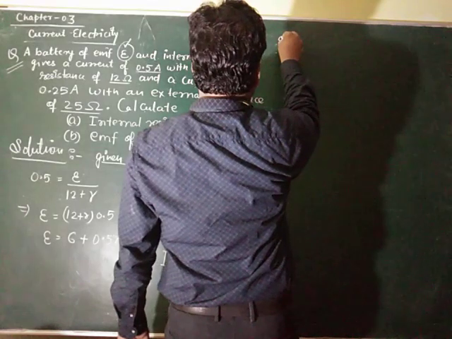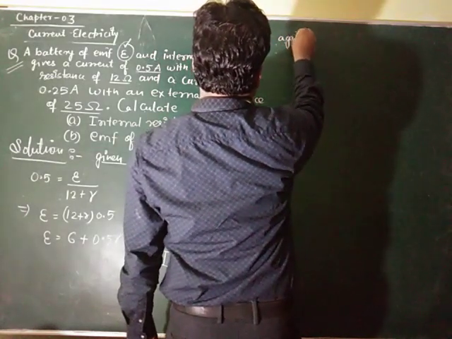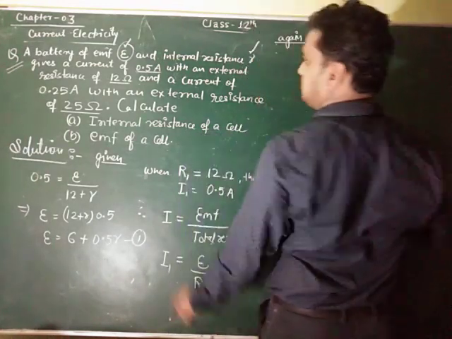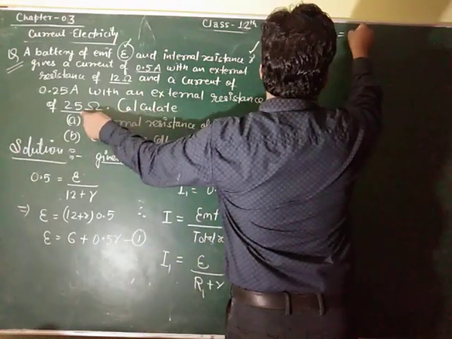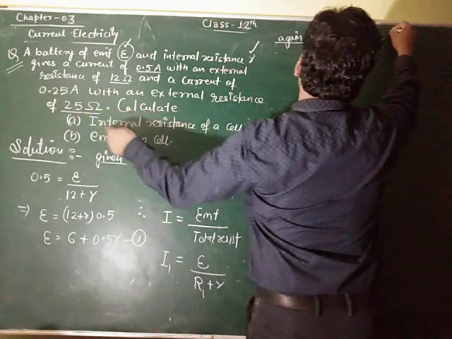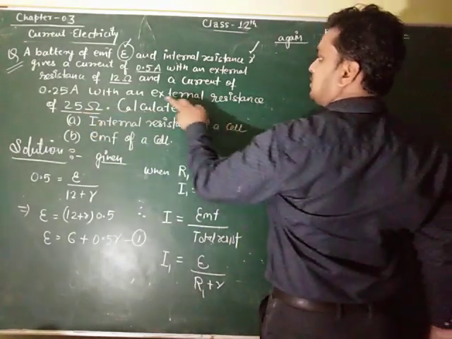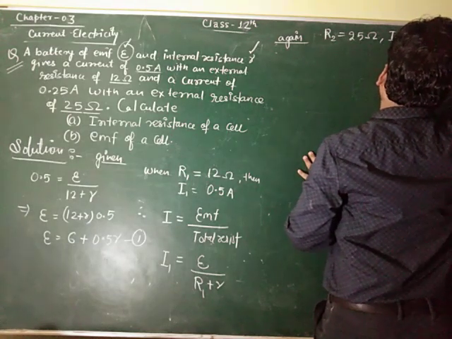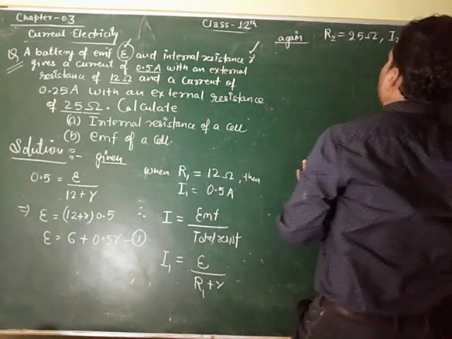Again we will do the same for the second case also. For the second case, R2 is given as 25 ohm and I2 is 0.25 ampere.